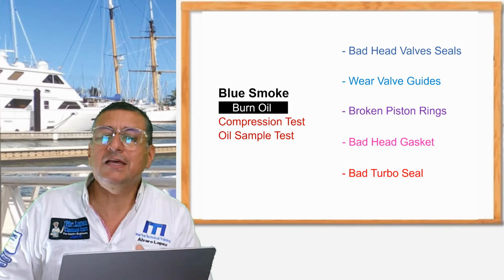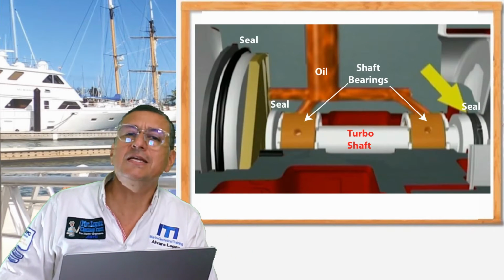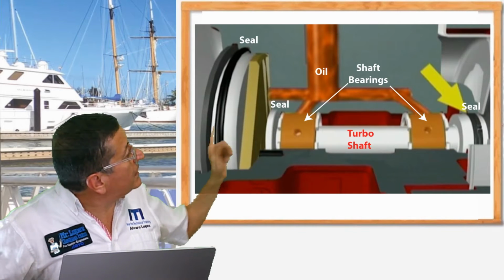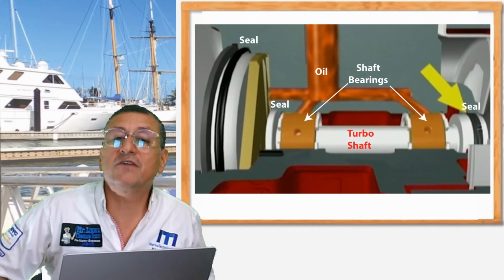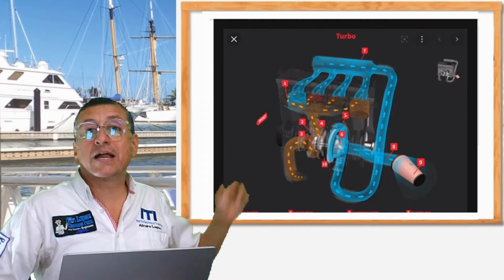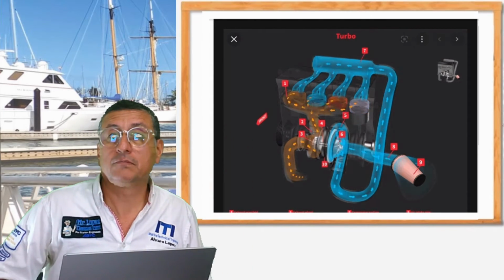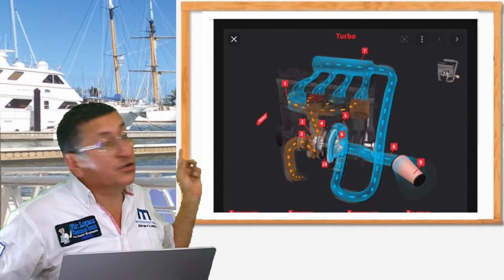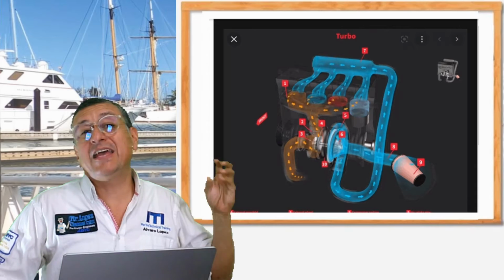Another possibility is the turbo, the seals on the turbo. You remember the turbo? And you remember those seals on each side of the shaft of the turbo? Okay, if the seal on the cold side where the air filter is located is broken, of course, when the turbo is running, suction air enters, but it enters with oil.